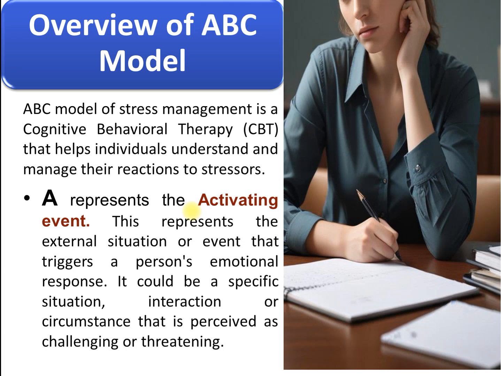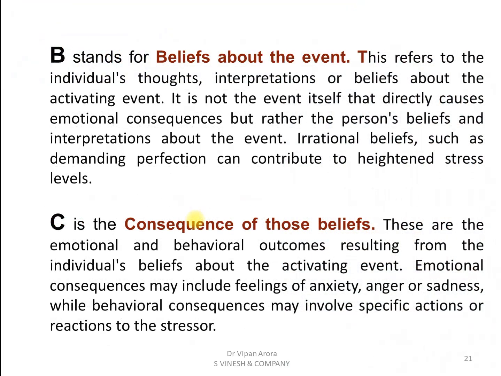A means activating event. How a person responds to a particular event, that is your A. And that event can be anything. B stands for beliefs about that event. What beliefs? Individual thoughts and interpretations about the activating event.